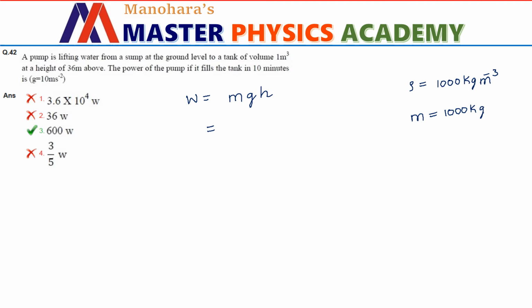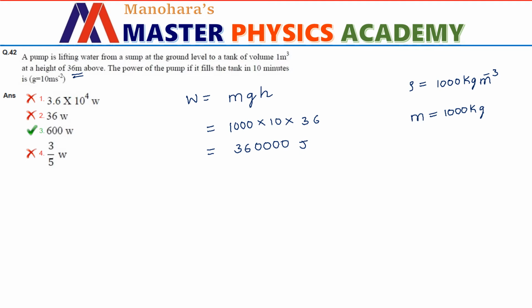So 1000 kg is the mass here. g value is 10 meter per second squared and h is 36 meter. So if you solve this, you will be getting 36 followed by 4 zeros in terms of joules.